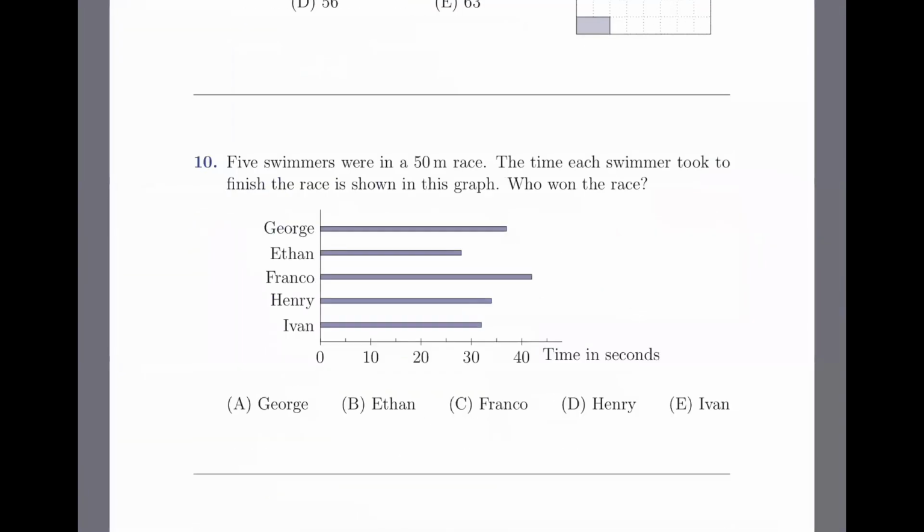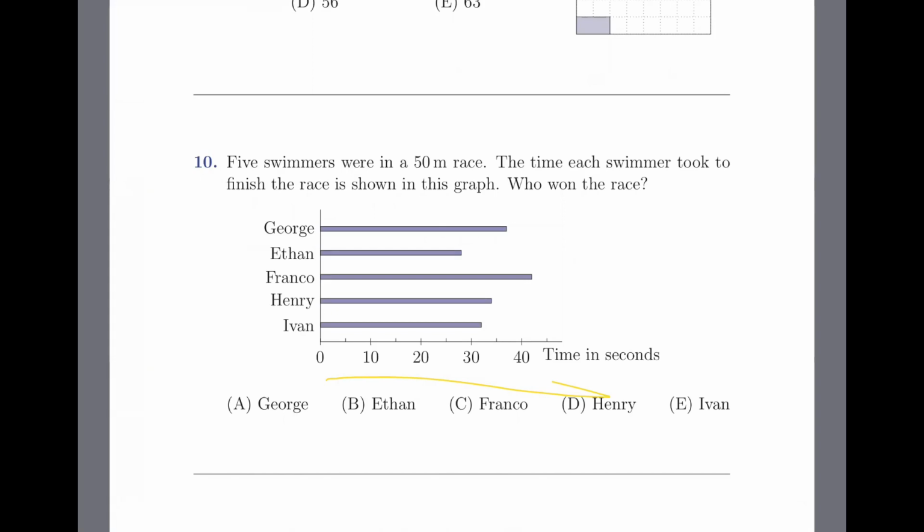5 swimmers were in a 50-meter race. The time each swimmer took to finish the race is shown in this graph. Who won the race? The winner must be the person with the least time. And as we can see over here, the time is increasing as we go down.